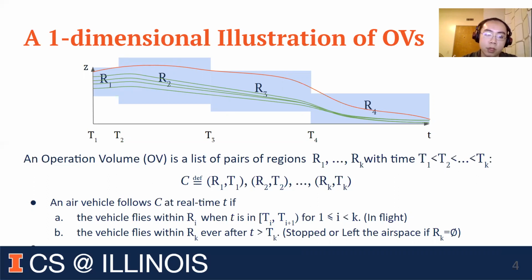An air vehicle strictly follows an operation volume if, at a certain time point T, when T is within the range Ti to Ti plus 1, the vehicle is flying within the region Ri, except for the last region Rk. If your current time is already past the last time point Tk, then you should always stay within Rk, which means you probably stopped or landed, or otherwise, if Rk is an empty set, then you probably left the airspace of interest.